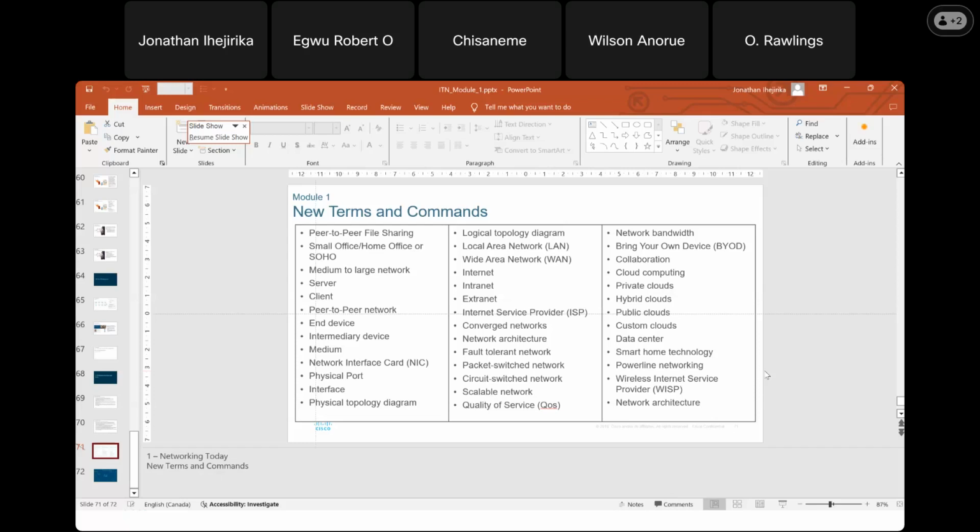We have the internet service provider, the converged networks, the network architecture, fault tolerant network, packet switched network, circuit switched network, scalable network, quality of service, network bandwidth, and of course BYOD, collaborations, cloud computing, private clouds, hybrid clouds, public clouds, custom clouds, and these are the types of cloud computing services.